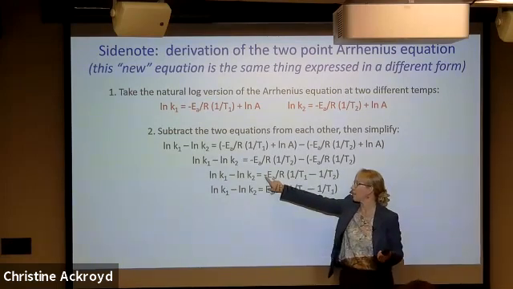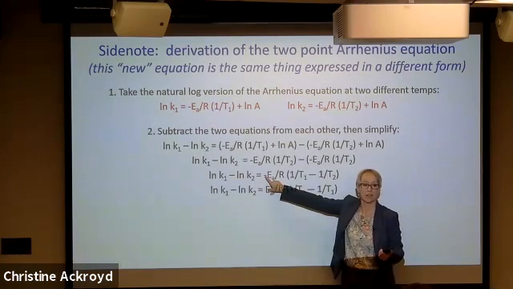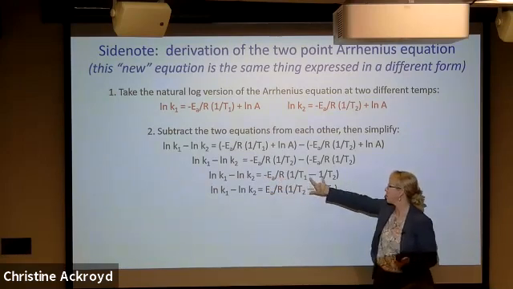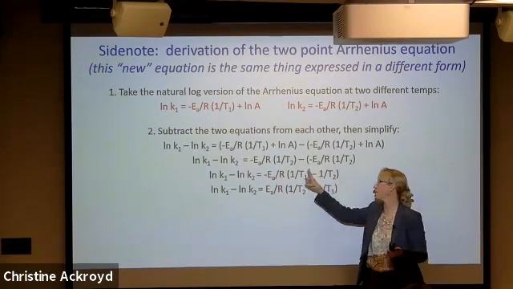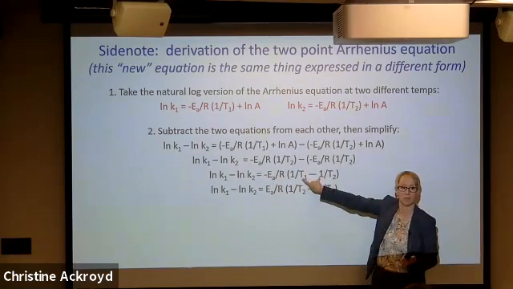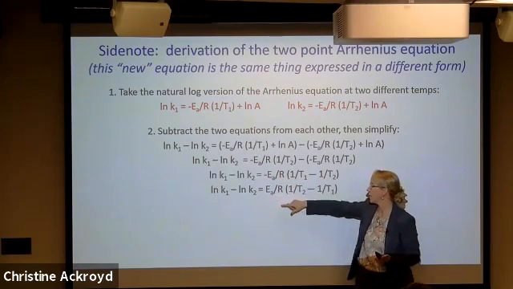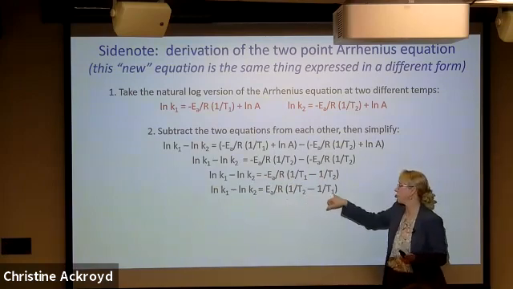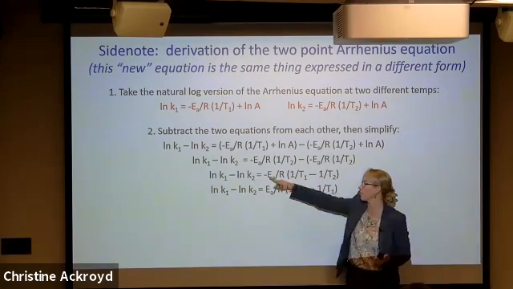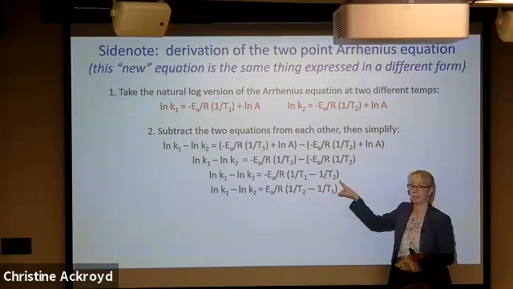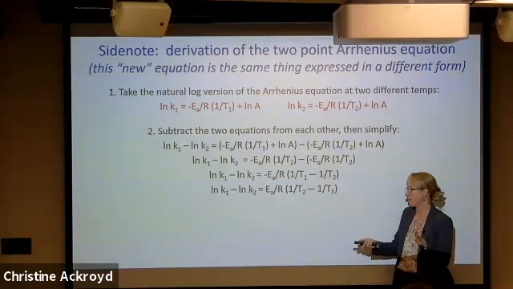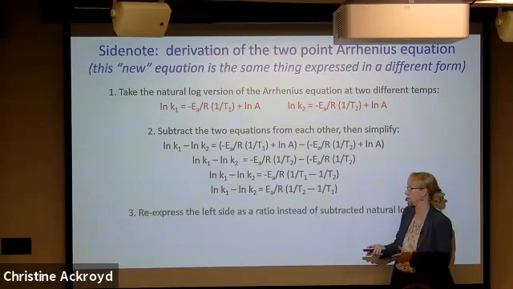If I carry this negative sign through here, that's the same thing as flipping the position of the T1 and the T2 here. So this equation has a positive sign, T2 minus T1, is the same as the one with the negative sign, T1 minus T2. Same thing, it's just expressed in a different way.